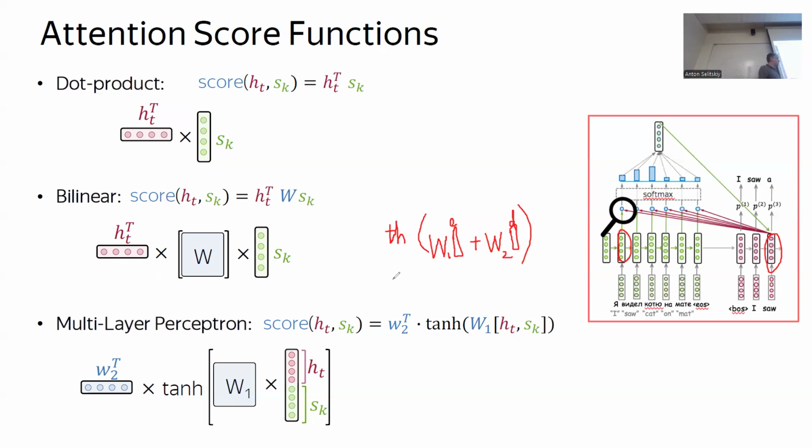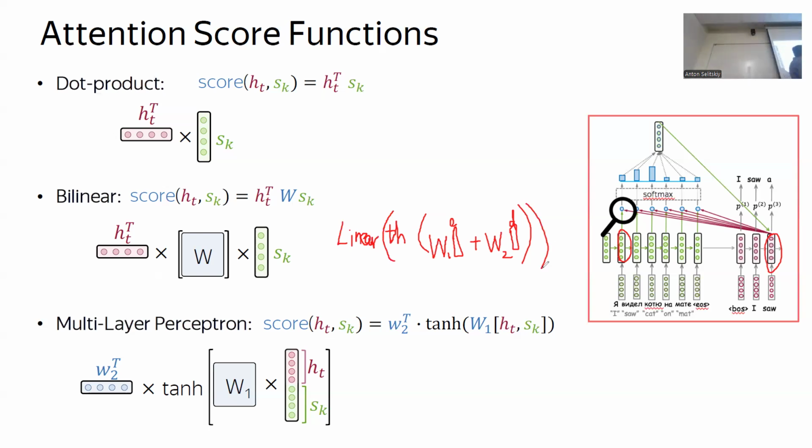This multiplication with weights is the same as applying a linear layer. We apply a linear layer that will map the dimension of embeddings, or whatever dimension we have after this matrix multiplication, to one. This is called additive attention.